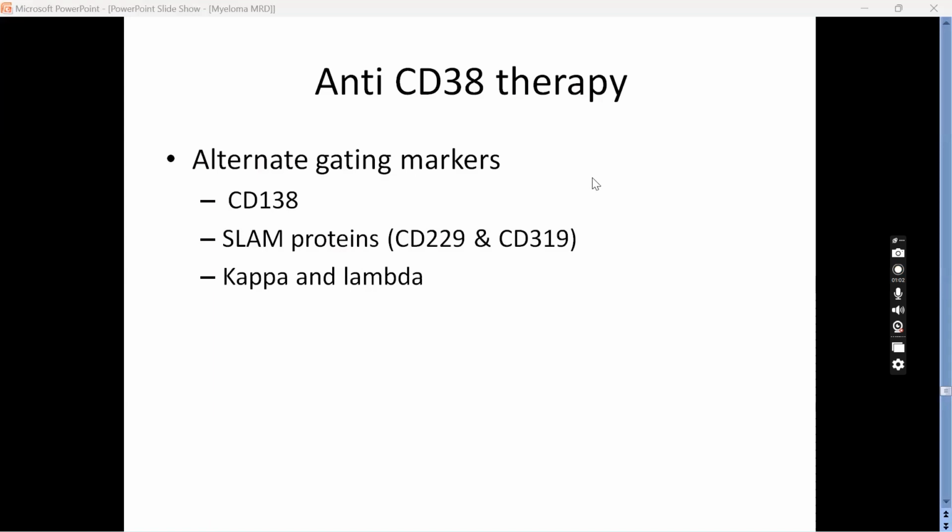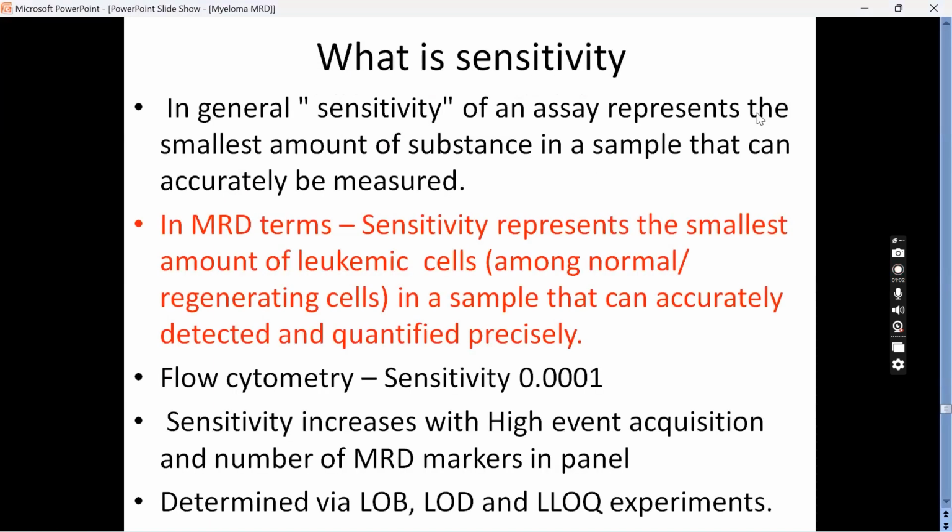So now what we do, we'll go into sensitivity, LOD, LOQ. When I'm talking about NGF, next generation flow cytometry, when I say 10 to the power of -6, what this really means, let's check it out. Now, sensitivity in general terms, this slide I already discussed in PMRD, but I'll still use this as a starting point.